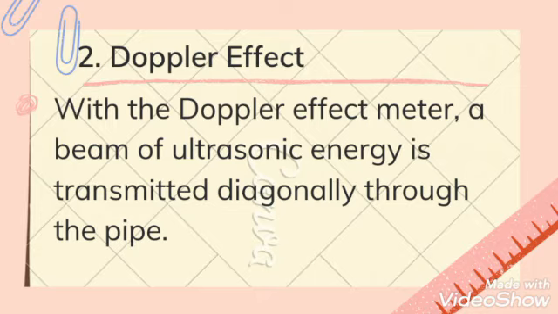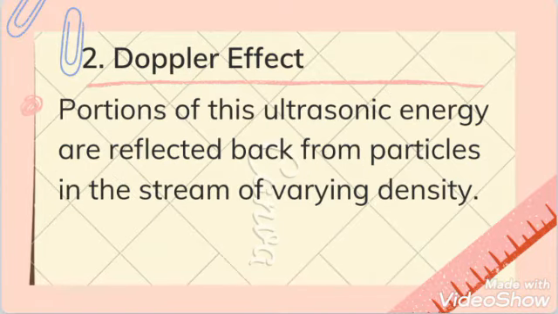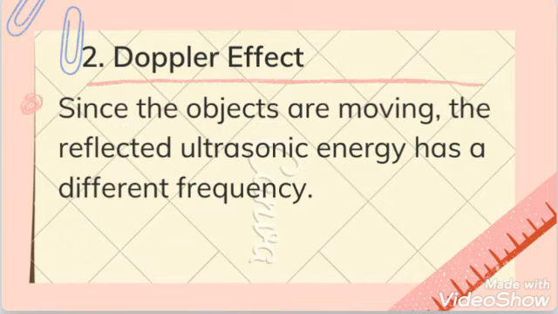With the Doppler effect, a beam of ultrasonic energy is transmitted diagonally through the pipe, same as the transit time, but a proportion of this ultrasonic energy is reflected back from particles in the stream of varying density. So this ultrasonic is reflected by the particles of the medium whose flow we want to measure.